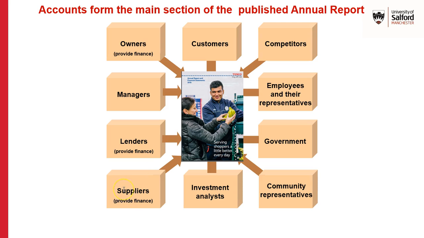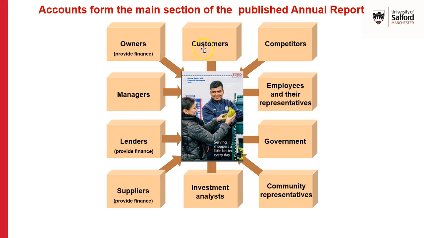Suppliers are also providers of finance. If Tesco's buys goods, it may pay for them 80-90 days later, should pay for them 30 days later, but during that period the supplier is in effect lending them money, and when it pays its supplier, it's paying off this kind of informal loan.